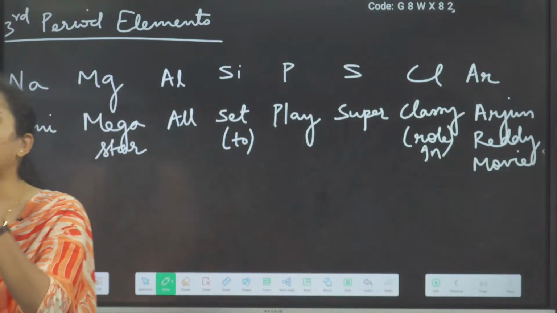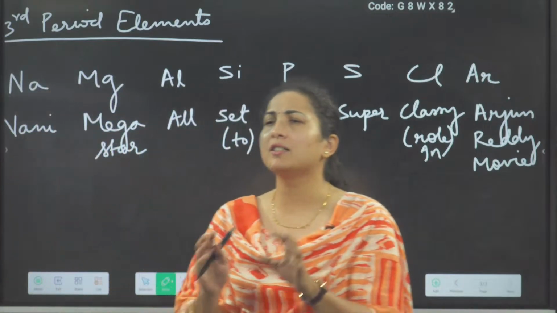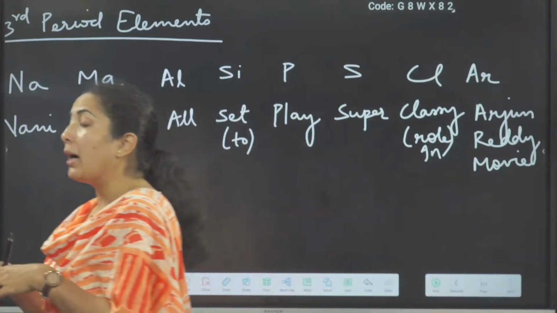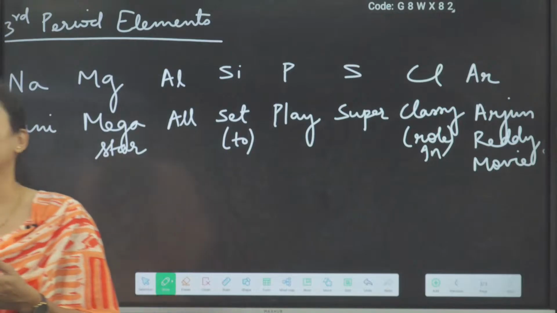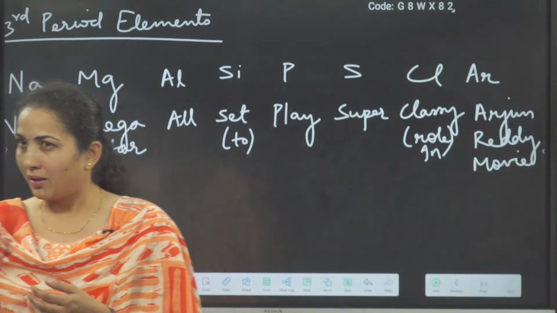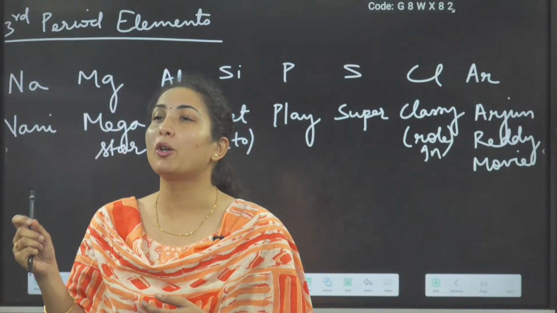And this is just a mnemonic, and whatever I'm writing in the bracket is just to complete the statement. Humble request, do not make or synthesize a new element of your own.